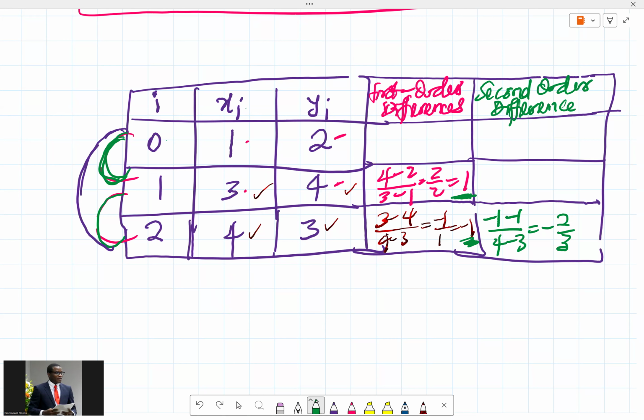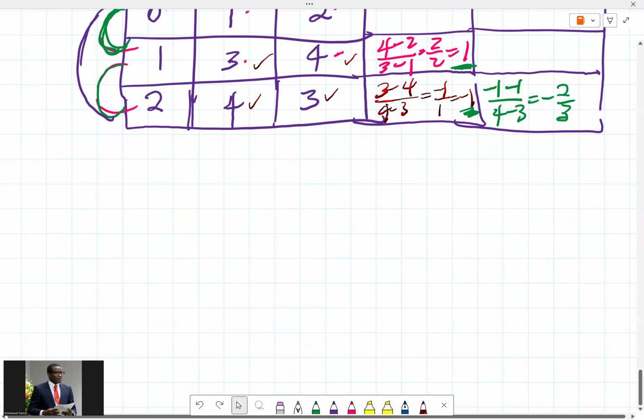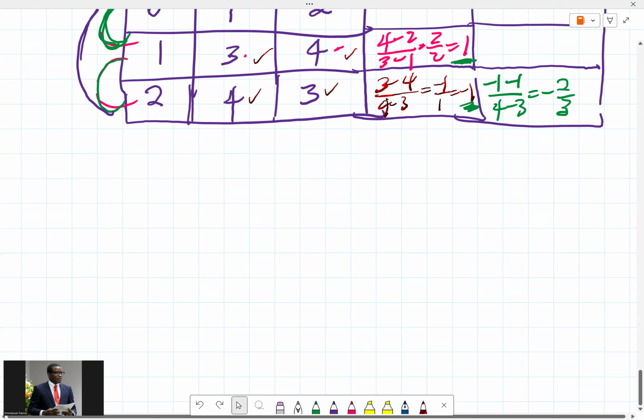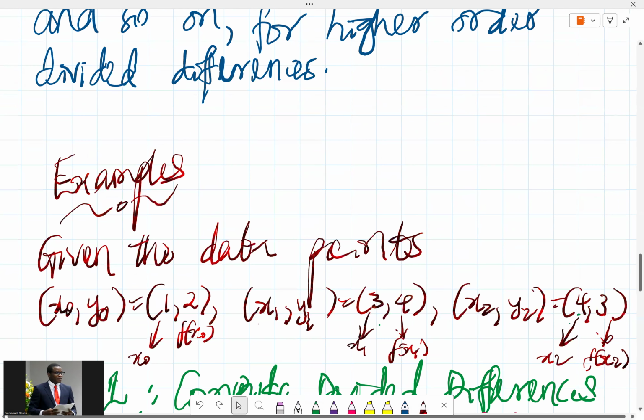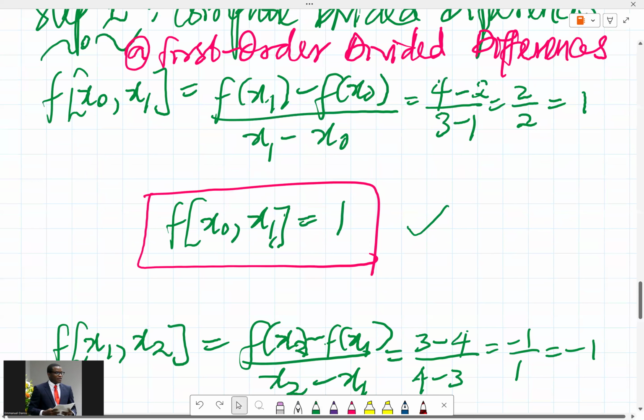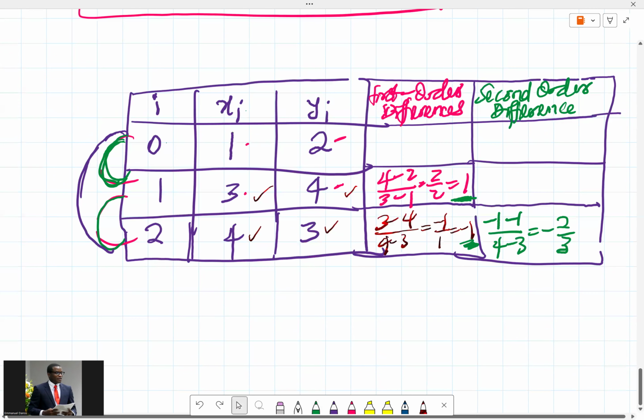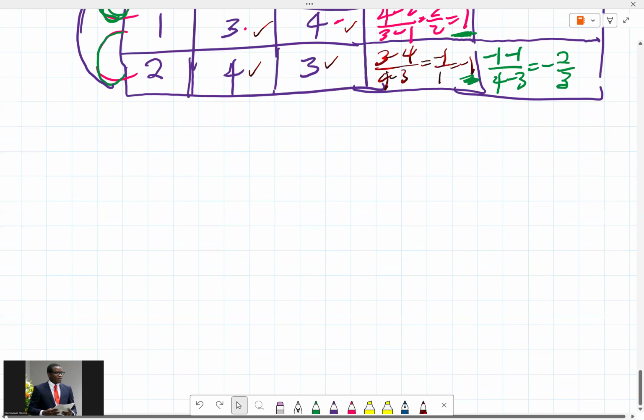Okay. So once you calculate the divided difference, that's the crux of this whole formula. That's why it's called the divided difference method. So the first step is to compute divided differences. That's step one, and we have done it for first order and second order.